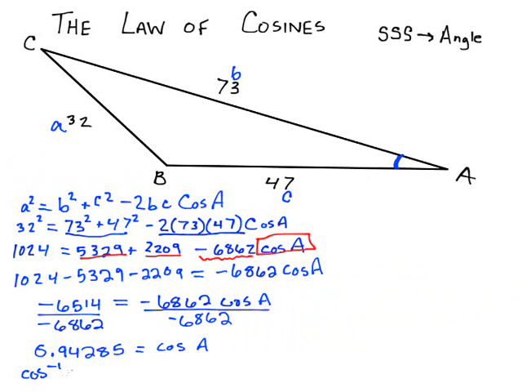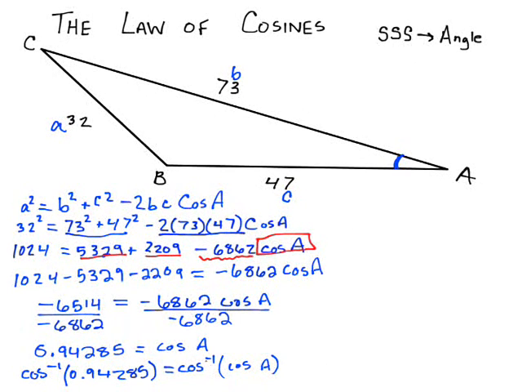Now this is a place where you're going to want to use the previous answer key on your calculator so that you don't type this in, because 0.94285 is not the whole answer that I got when I did this division. So we're going to do the inverse cosine of 0.94285, and that's equal to the inverse cosine of the cosine of A. Well, the inverse cosine and the cosine cancel each other out.